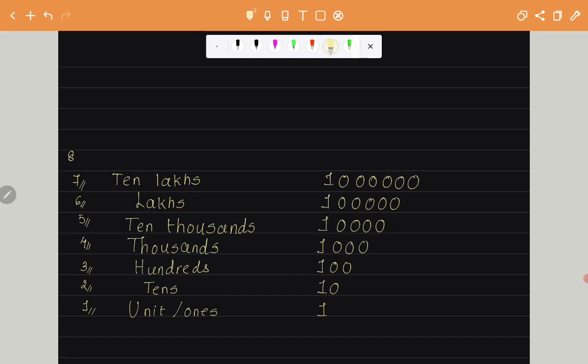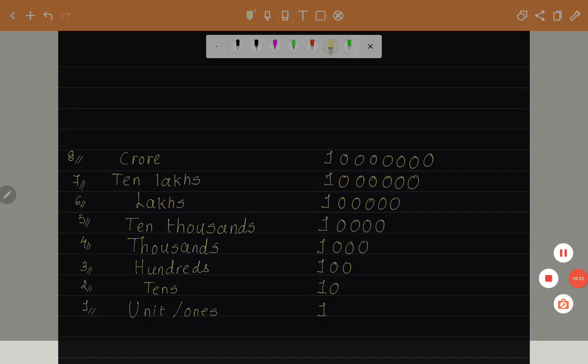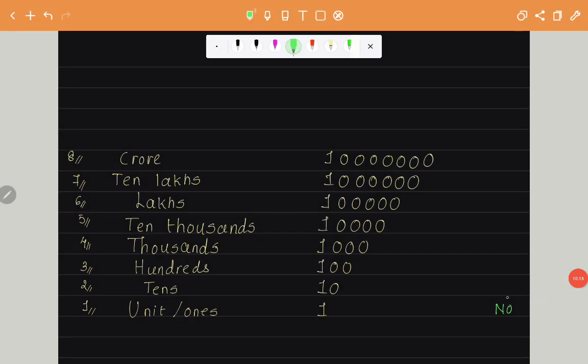Then we have crore. Seven zeros are involved. So here you can see no zero, 1, 2, 3, 4, 5, 6, 7 zeros. Now after crore there is 10 crore, so 8 zeros will be there.